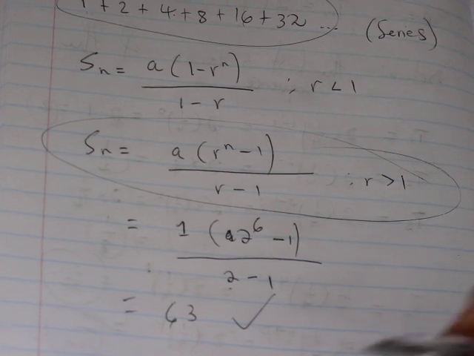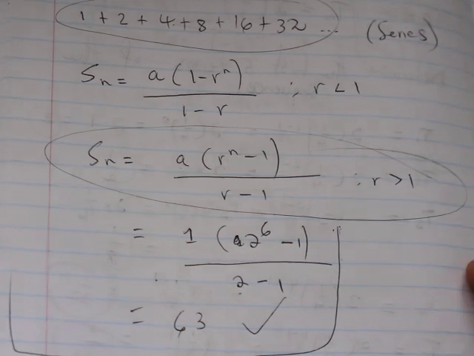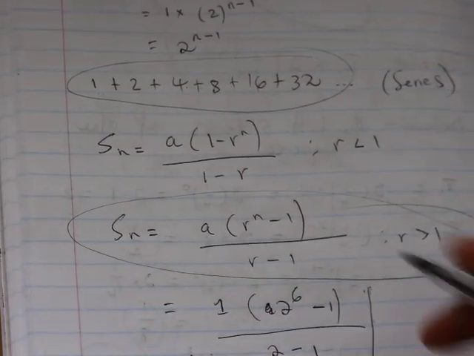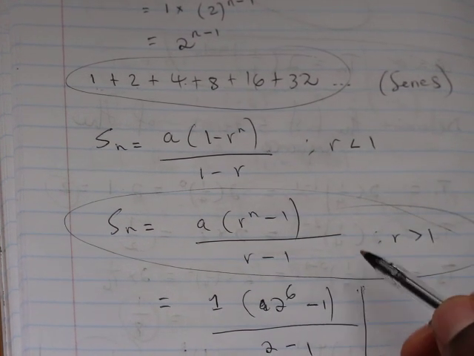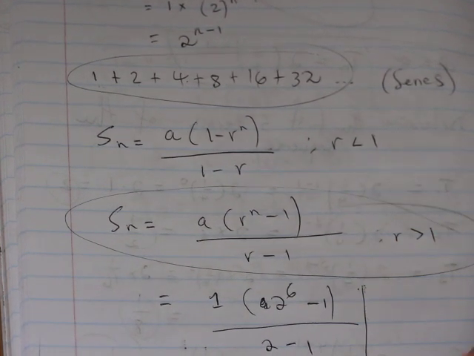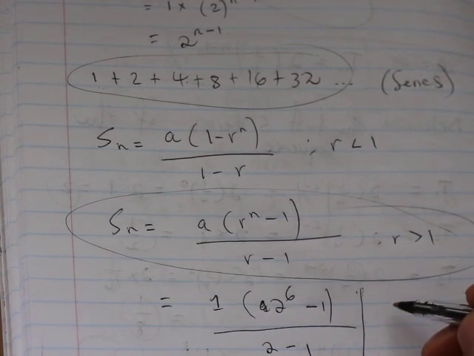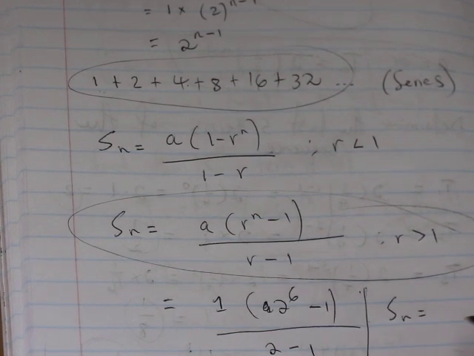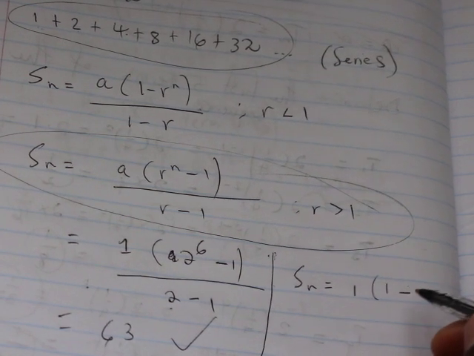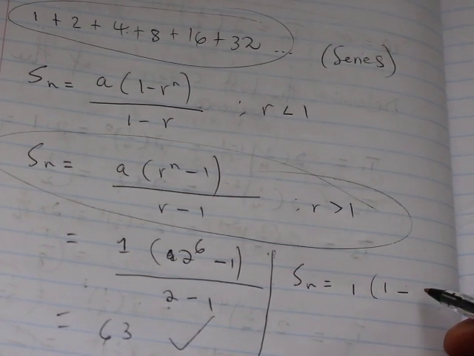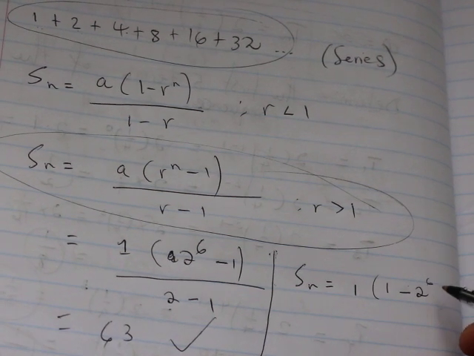But there's something I'm curious about. What if we used the other formula instead of this one, despite the fact that r is greater than 1? Let's try that. Sn would be, the a would still be 1, then 1 minus r, where r is 2 and n is 6.